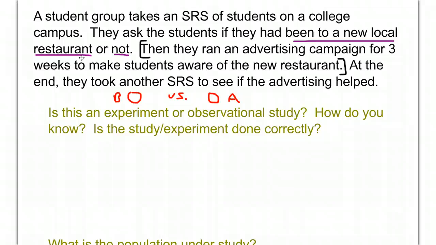There's no way of knowing if it was the advertising that caused people to start going to this restaurant, or was it something totally unrelated? Maybe the second favorite restaurant on campus shut down, and all of a sudden, therefore, everyone started going to this restaurant. You have no way of knowing because you have no control group and no randomization of how people get put into that group. So it is not an experiment. It is an observational study.